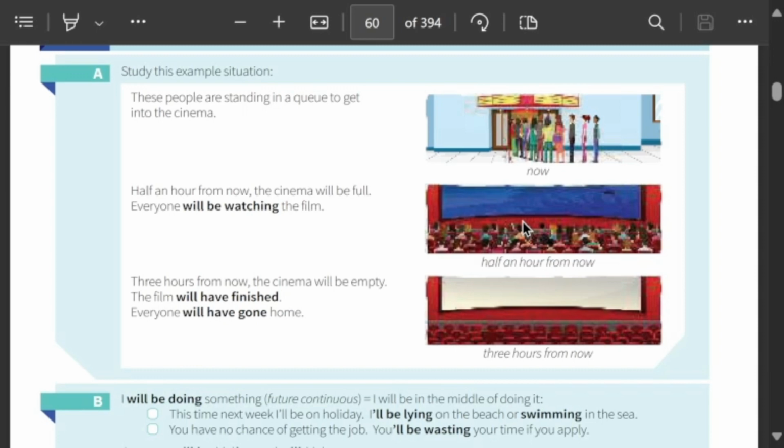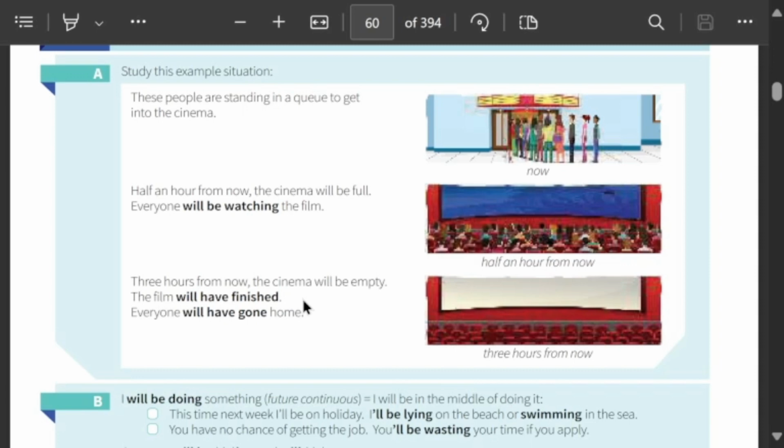Now, 3 hours from now, even later, the cinema will be empty. Again, future simple, will be empty. The film, now here, will have finished. This is the present perfect brought into the future. Do you understand? If you understand it, it's easy to remember.